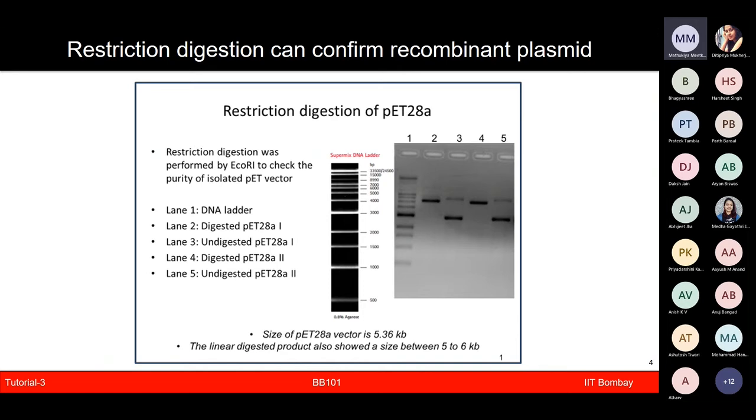As you can see, restriction digestion and running the products on agarose gels will give you confirmation that the digestion has happened. As I previously told, we have an undigested DNA, and then its digested version. Let's say lane 2 is the digested and undigested, so that's how you'll get smaller versions of the undigested materials.